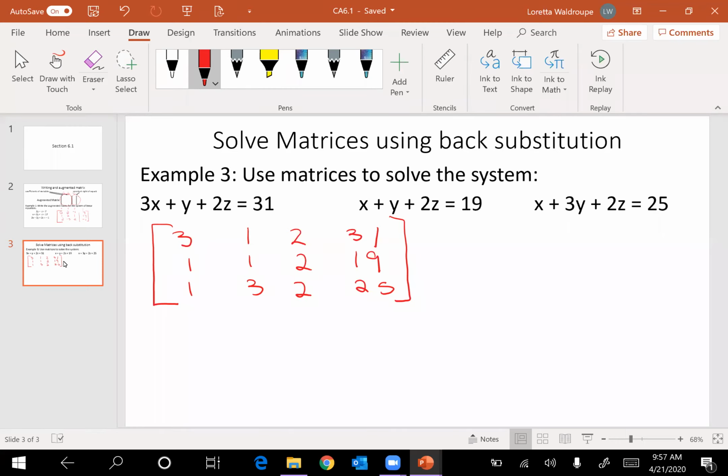When you're writing and solving a system of a matrix, you're trying to write it in what is called row echelon form.